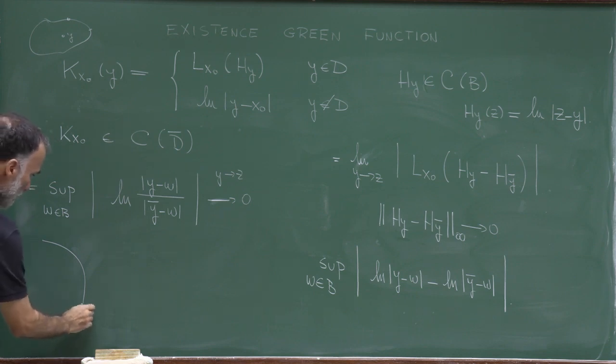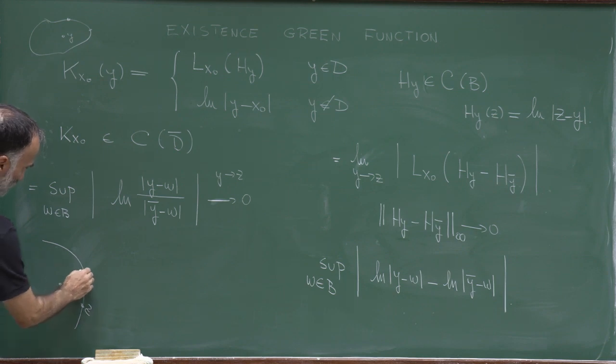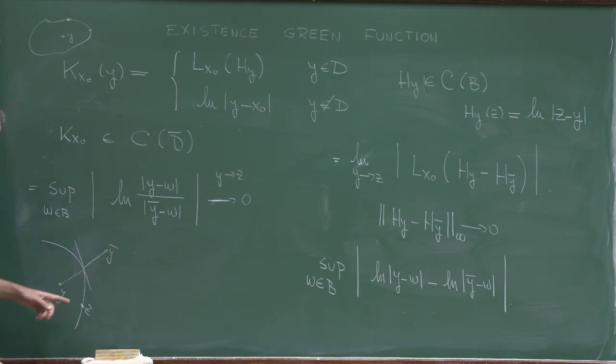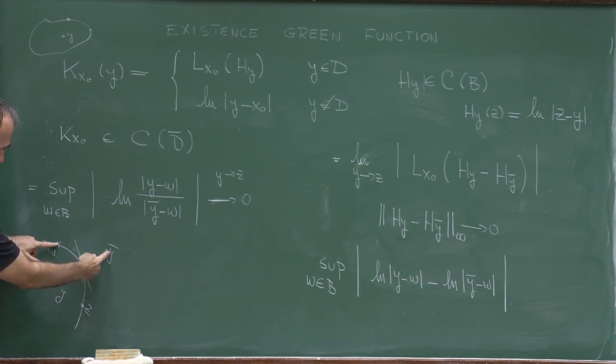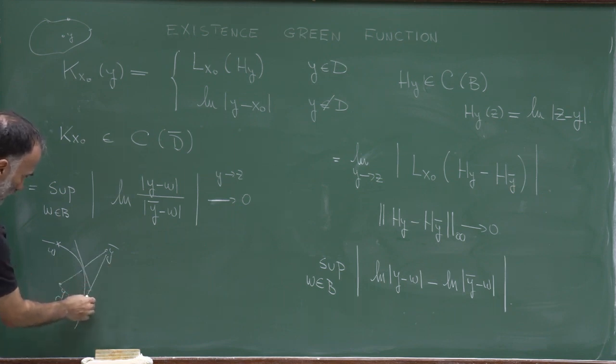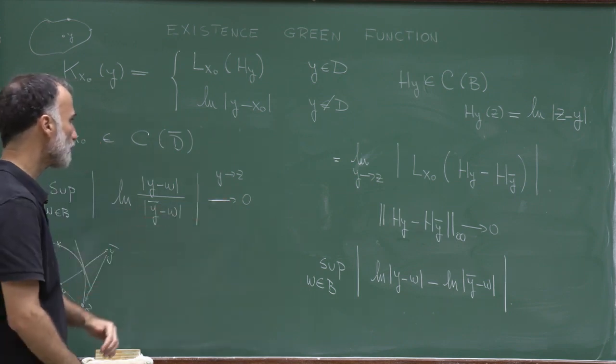Here is z, here is w, here is the tangent plane, so here is w bar, and what I have here is the log. I'm considering here point w, and I'm taking the log of w minus y, comparing that to the log of w minus y bar, and as y converges to z, I want to show that this ratio converges to 0.